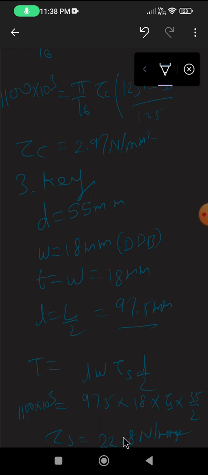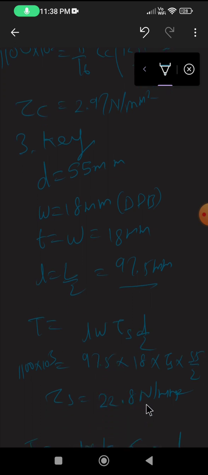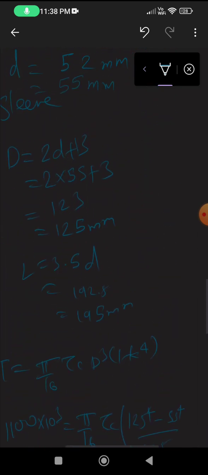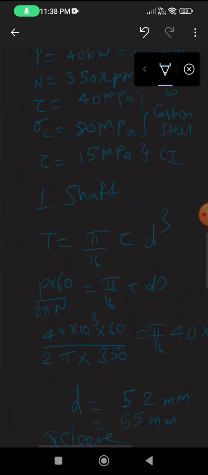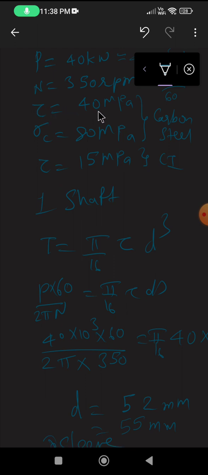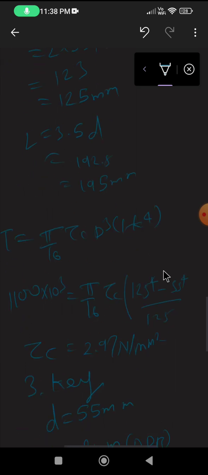So tau s we have got 22.5 Newton per mm square, which is 22.5 megapascal, very much less than the allowable shear stress. The allowable shear stress was 40 megapascal, so it is very much less.